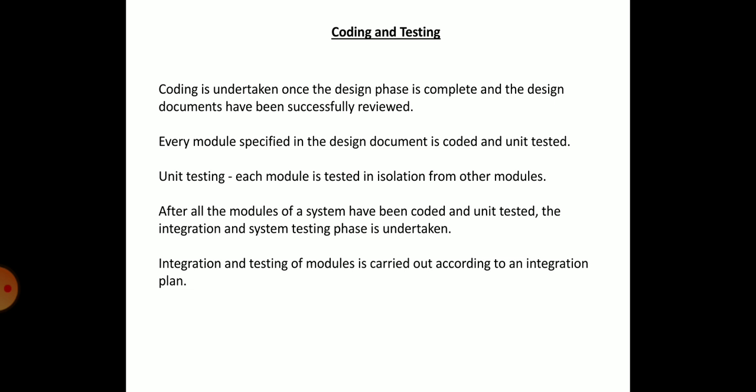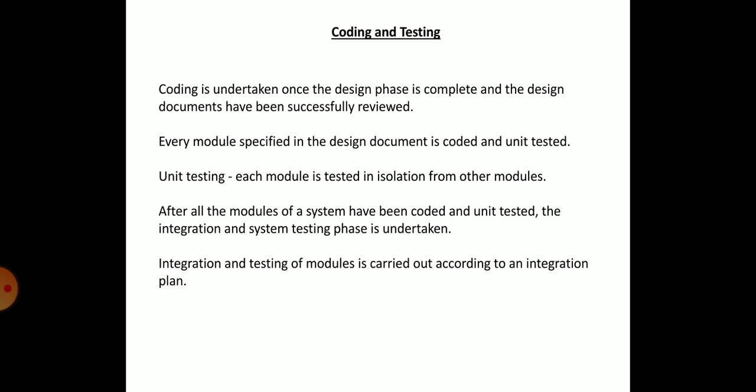So with the coding phase, the design of the system is implemented in a high level language. The implementation of the design document into a high level language is done at the coding stage.